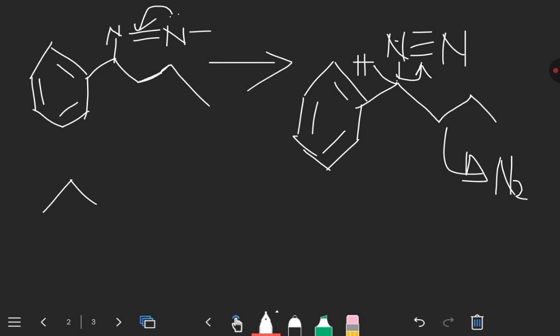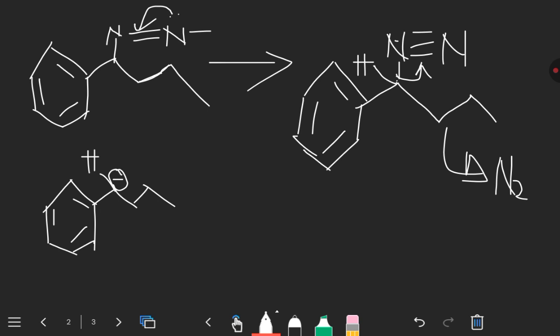So we're going to have a group like that. So this is the group we are going to have. Of course, there is a hydrogen there. So this is a carbanion which is formed at that point.